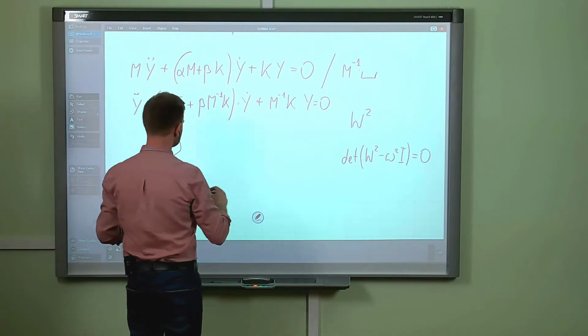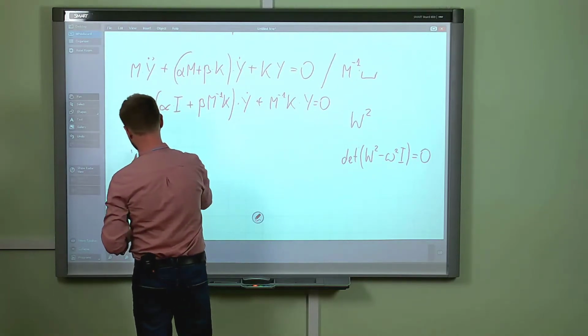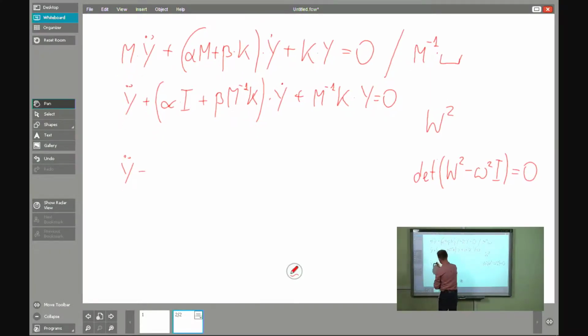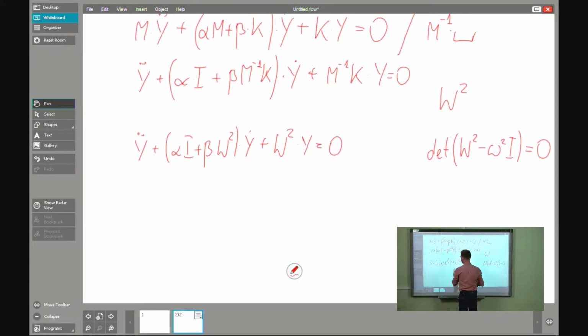Okay, let's use our substitution, and as a result we will get alpha I plus beta W square, times y dot, plus W square times y equals 0.